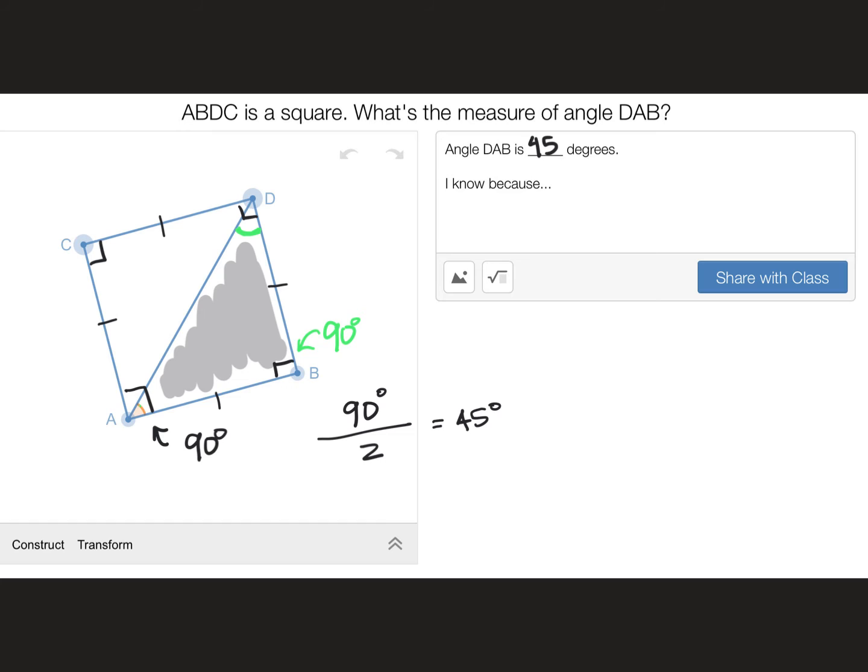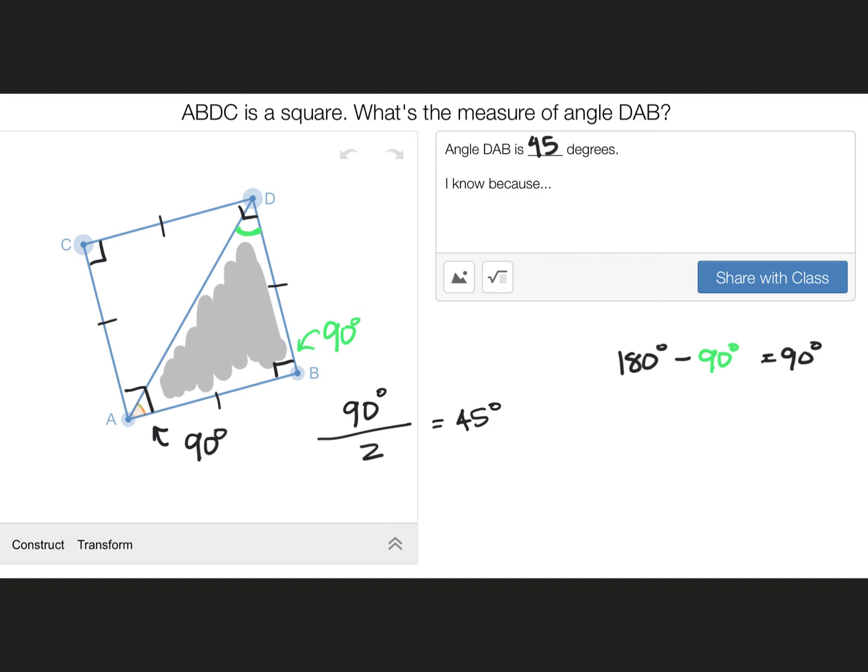And so if you say the sum of the angles in a triangle is 180 minus that 90-degree angle, we know that there is a total of 90 degrees left for both the green and the orange, and then you still are at this 90 divided by 2, which is 45.